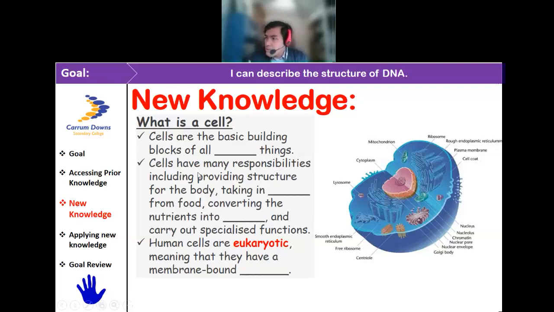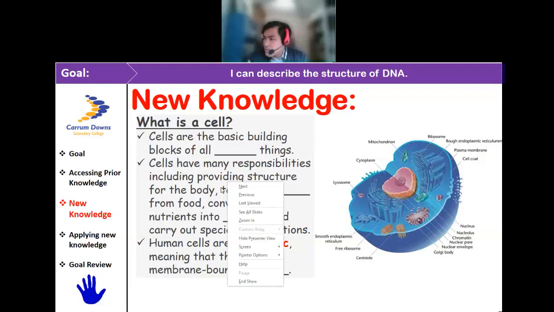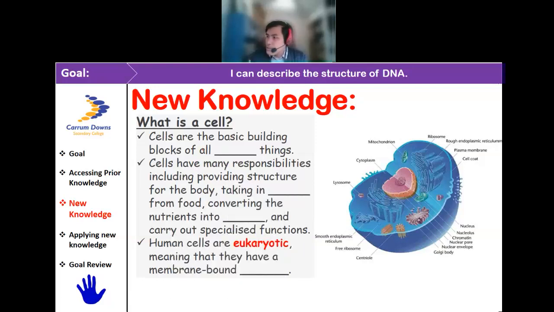So what is a cell? Okay, so let me get my pen on here. A cell is basically the basic building block of all living things. So every living thing has this. We have it. Animals have it. Plants have cells, and so on.